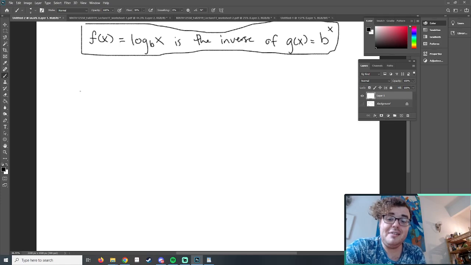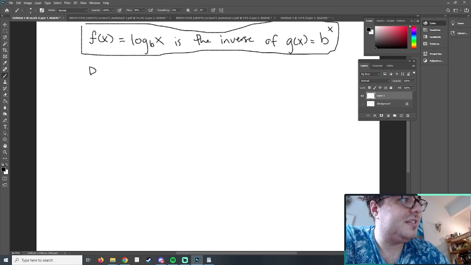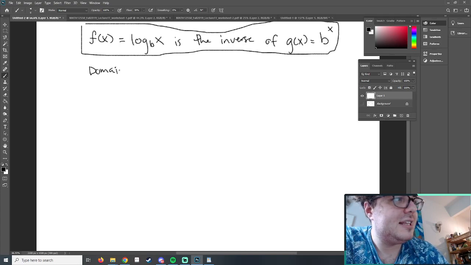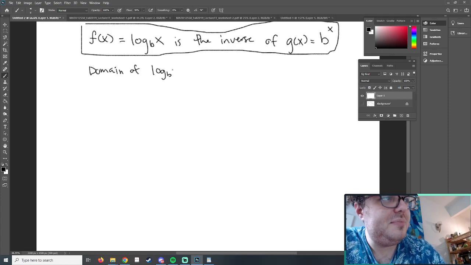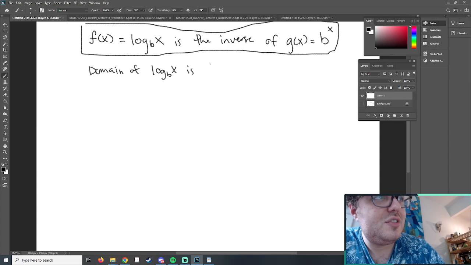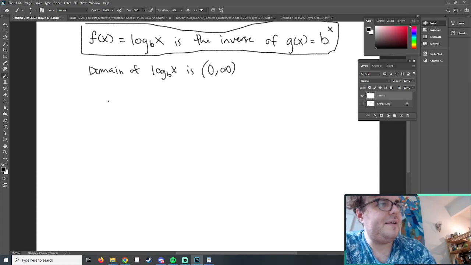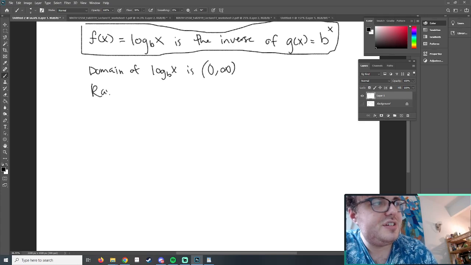The domain of an inverse function is the range of the original. So we would say that the domain of log base b of x is from 0 to infinity. The range is from negative infinity to infinity, just like the domain of our exponentials earlier.